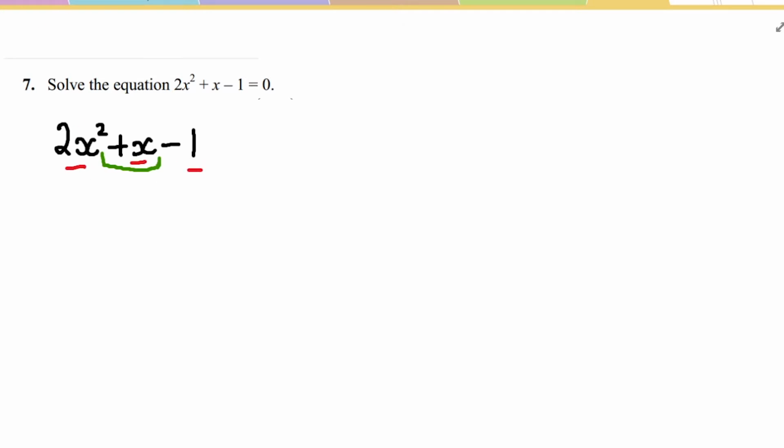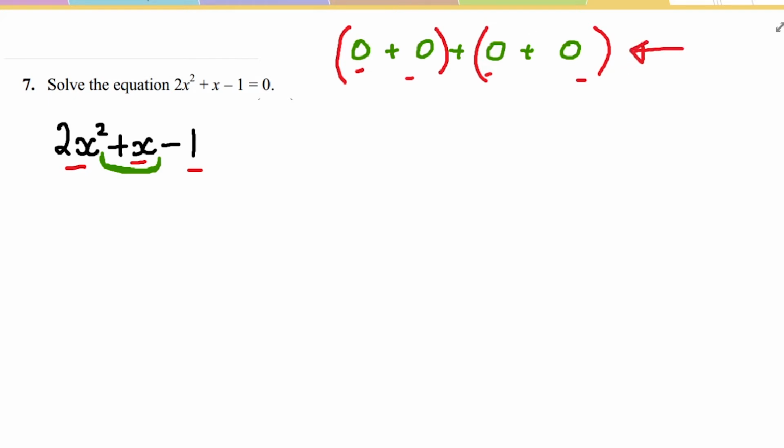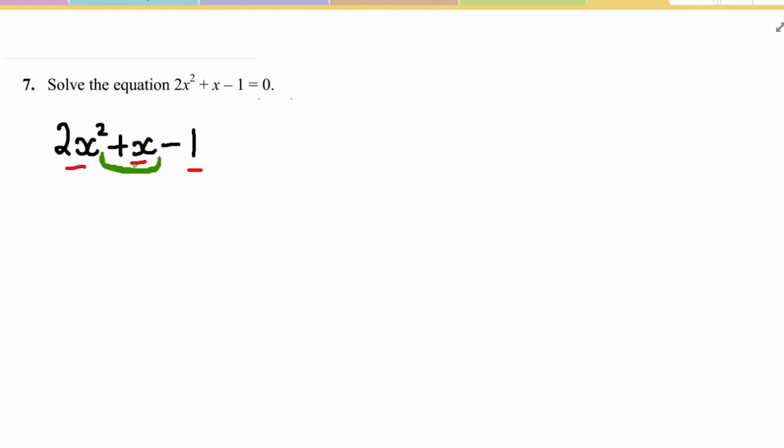Those are 3 terms. By splitting this middle term into 2, so that it becomes something plus something plus something plus something, when they become 4 terms like that, we can group them into 2 brackets and factorize them and find the answer. That is the intention. So in order to split this middle term, which happens to be positive x, we are supposed to get 2 numbers which, when we add them, give us a sum of the coefficient of x, which is +1.